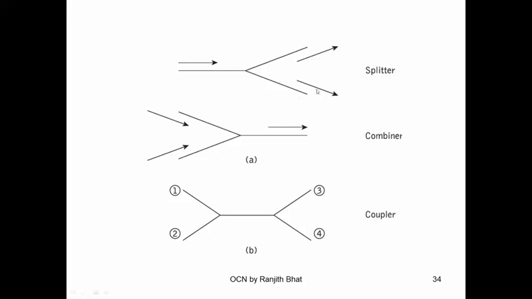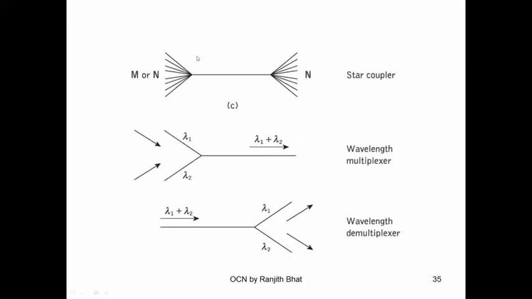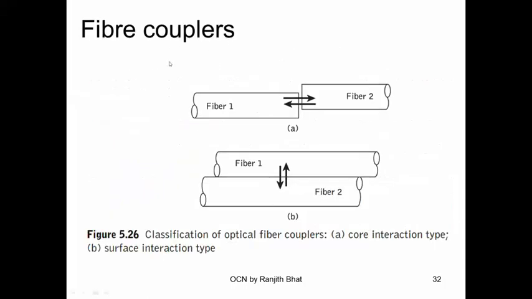One fiber is having two emerging outward directions of two fibers, that is 1 to 2, this is 2 to 1, and this is a coupler which is a star coupler. And star coupler extended, we have M to N, and these two wavelengths are added together in a wavelength multiplexer, and it is a demultiplexer. So these are all the possibilities when we are using fiber couplers.